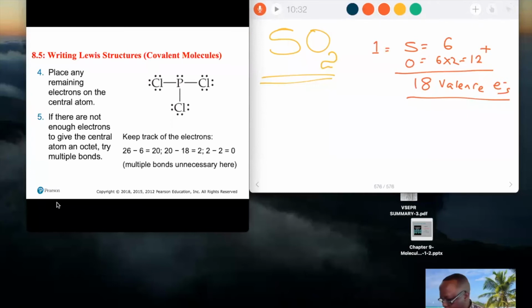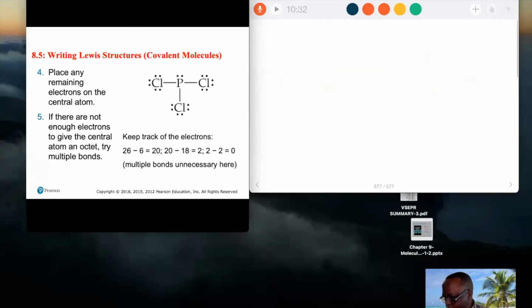So for this, rule number 2, we draw the skeleton of the molecule. It's bonded to the central atom. You need to know which one is the central. Don't draw it linear like this. I don't want something like this. No, no, no. Once we have the skeleton of the molecule, subtract the bonding electrons.